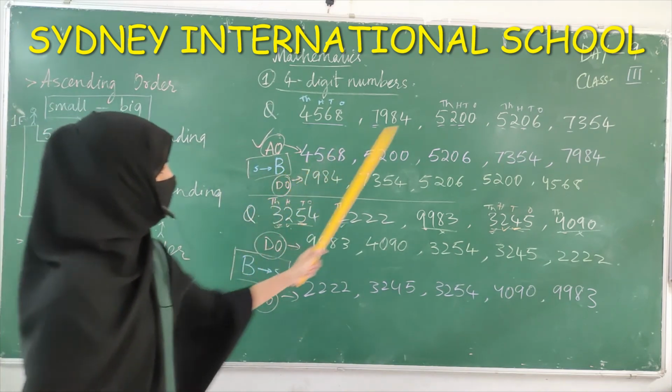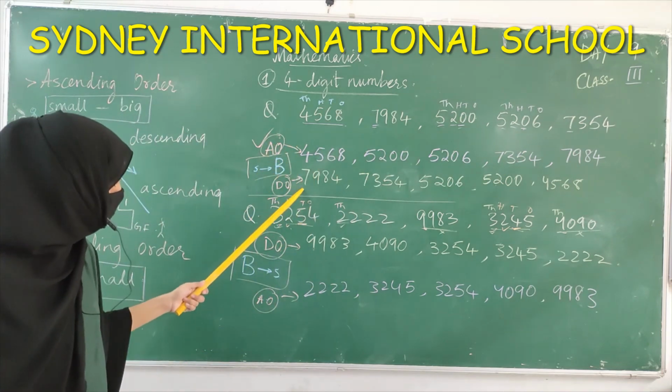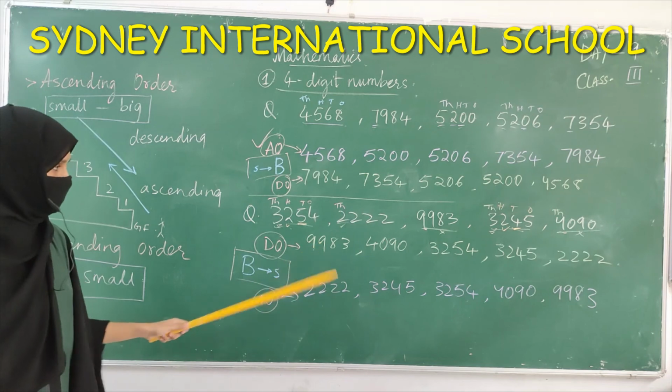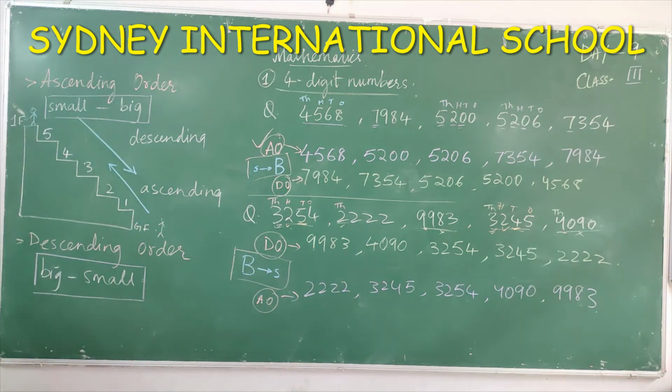Here we wrote small to big, and if I tell you to write the same in descending, we just reverse it from big to small. Here also the same thing. So what is ascending order? Arrangement of numbers from small to big, and descending is from big to small. I hope you all understood. Okay, thank you.